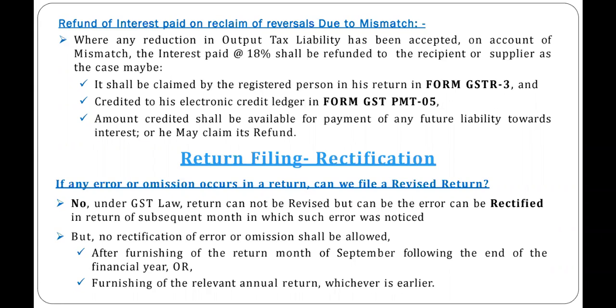If anybody wants to do any rectification after September, in those cases it is not allowed. The furnishing of the relevant annual return, whichever is earlier. If you have the relevant annual return or you have rectification of the data, whichever is earlier, that will be treated as the final rectification.